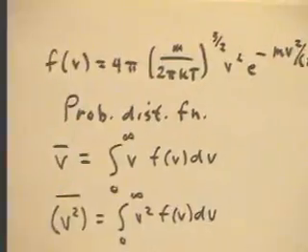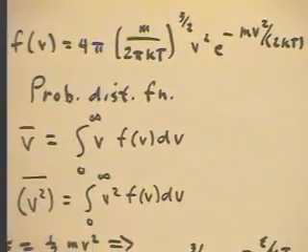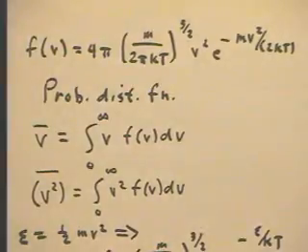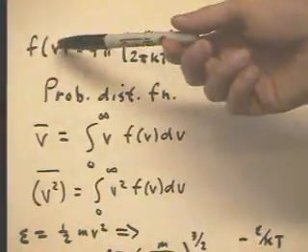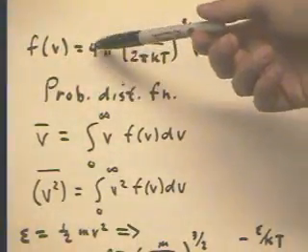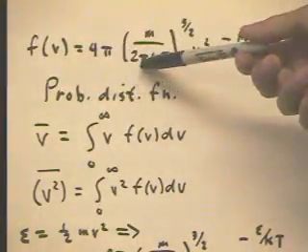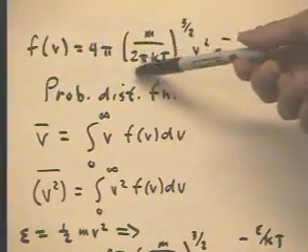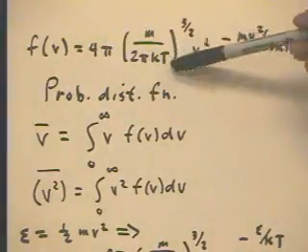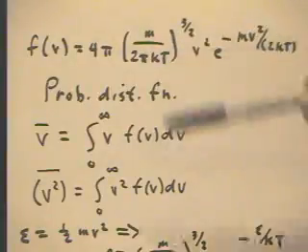We can talk about the distribution of molecular velocities. This function here, f of v, now we have a 4 pi here and a 2 pi here and a k. These are all just constants. We have m, the mass of a particle, T, the absolute temperature. These are variables.